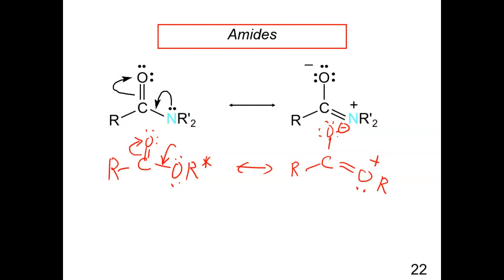Therefore, nitrogen is more willing to give out its lone pair. So in amide, the contribution of this stabilized form is greater than in ester, because nitrogen, being less electronegative, is happier to give out its lone pair than oxygen. When this form makes a greater contribution, it means the carbonyl is better stabilized, less electrophilic in amide compared to ester.